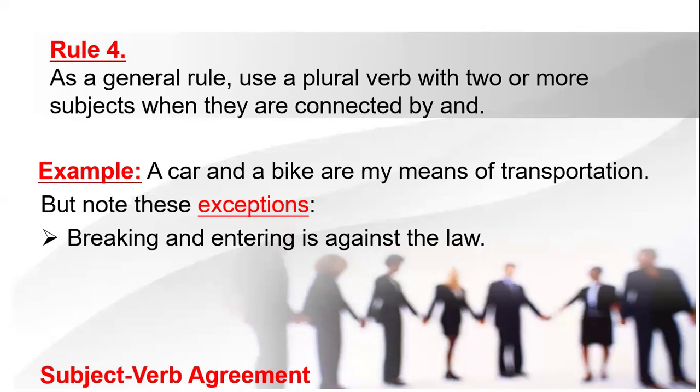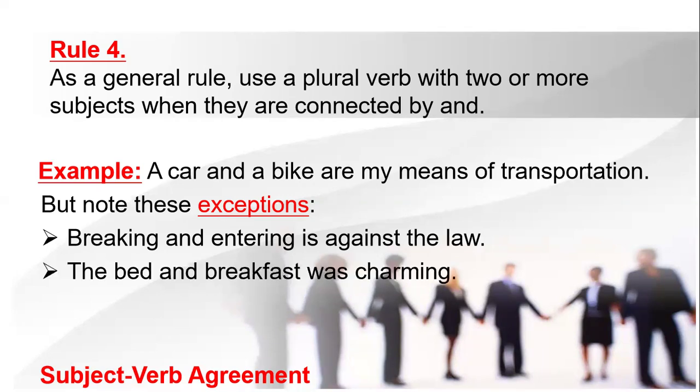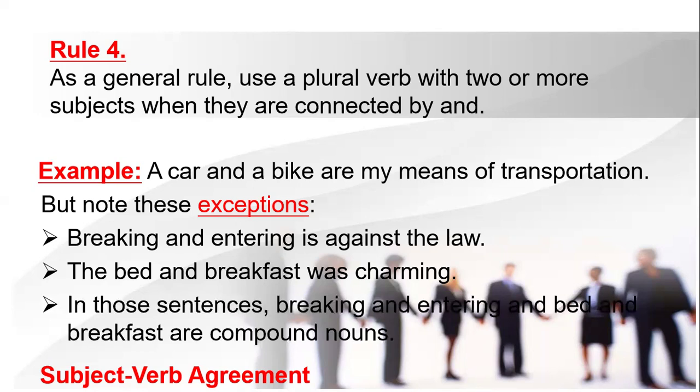Breaking and entering is against the law. The bed and breakfast was charming. So the bed and breakfast, both are used as one. That is why we have opted for a singular helping verb. In those sentences, breaking and entering, and bed and breakfast are compound nouns.